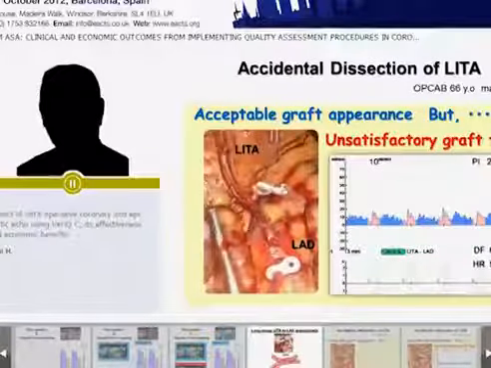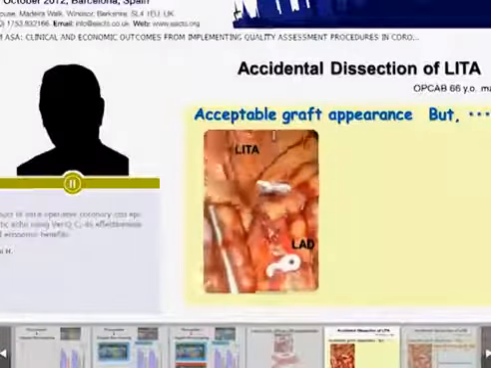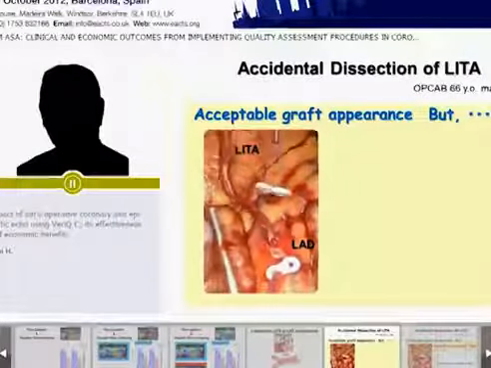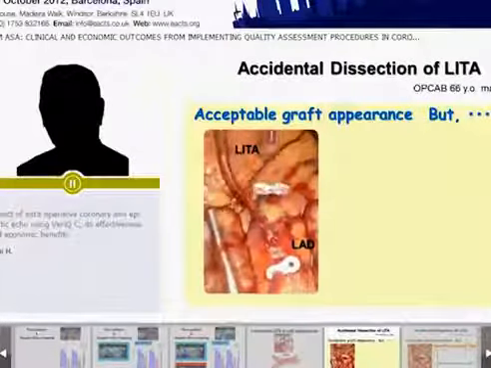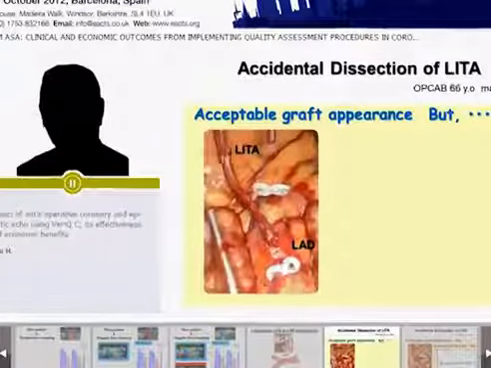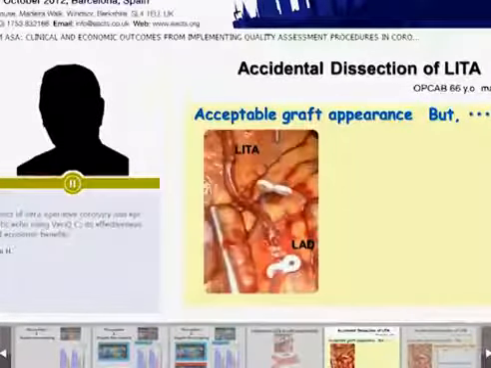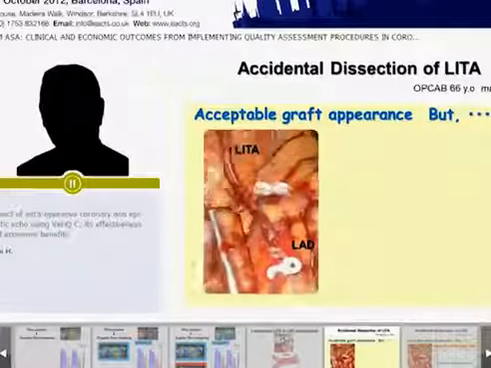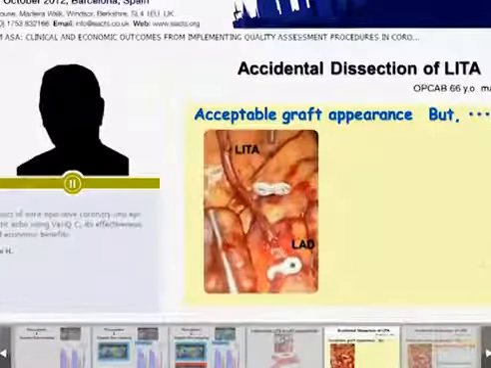Okay, this is a very interesting case. The appearance of the graft looks okay, but during the anastomosis, one of the residents took down the LITA, and I found a little bit of dissection over there.